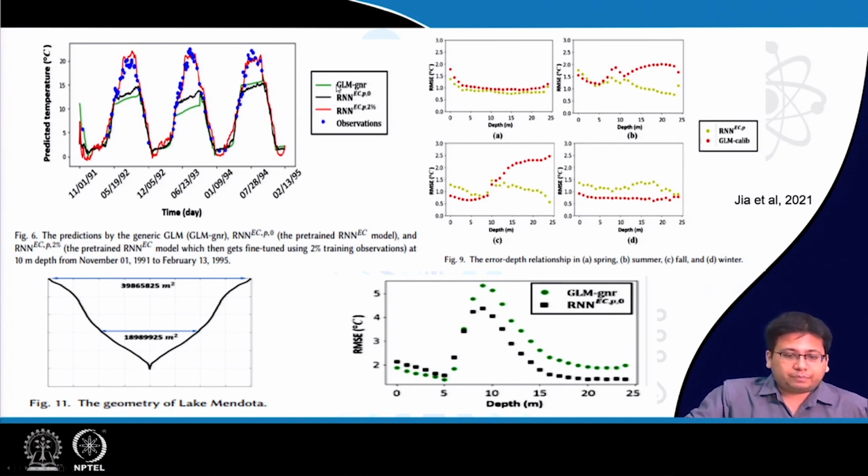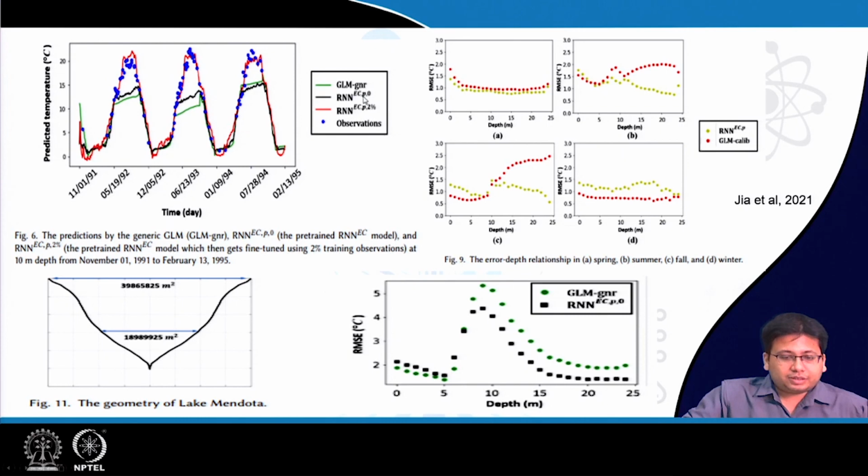They have compared the GLM in green, that is the General Lake Model which we discussed earlier, a simple RNN in black, and in red they have plotted the physics based RNN, which has about 2% of the training observations.